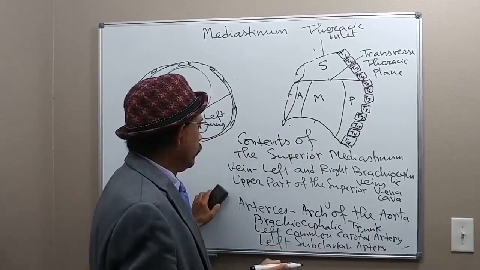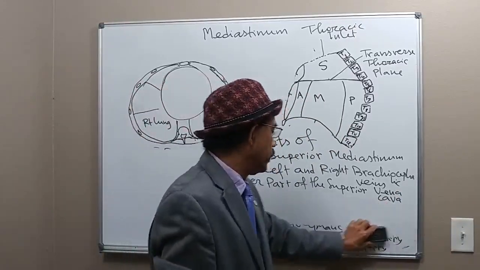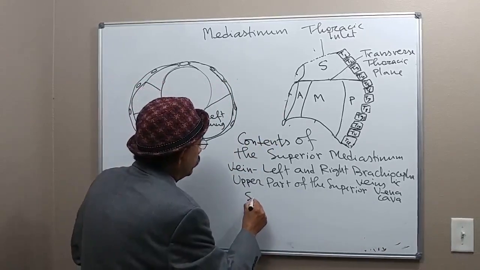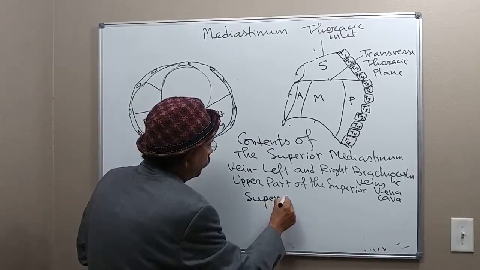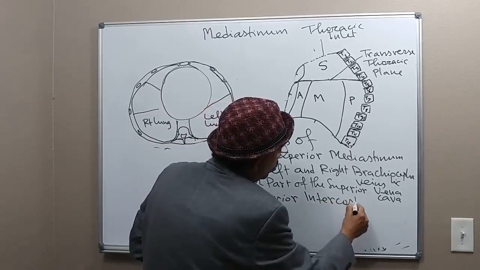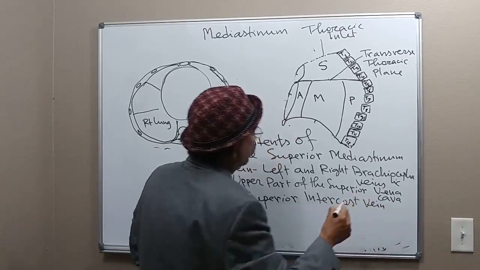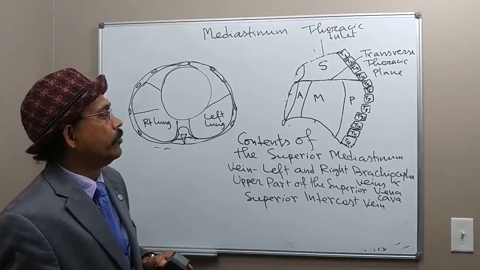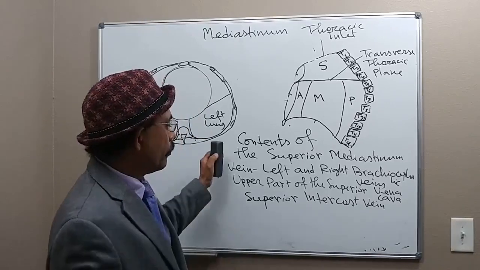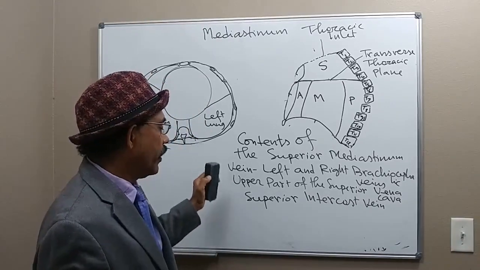We have also the superior intercostal vein. So these are the veins present in the superior mediastinum. Okay. So we got the muscles, we got the artery, we got the vein.